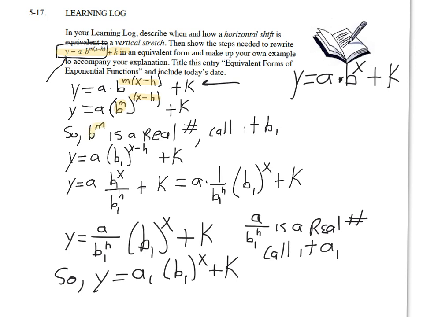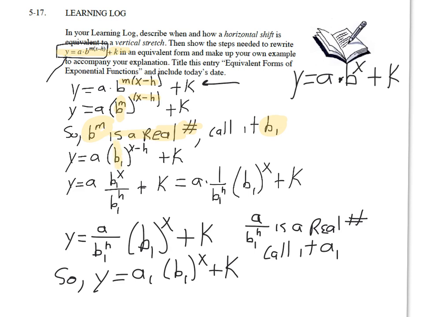Now, b to the m, if you take b as a real number and you raise it to a real number, you're going to get a real number. Let's just change the name of it. Instead of having this statement of b to the m, let's just call it b sub 1. So I'm going to replace b to the m with b sub 1.